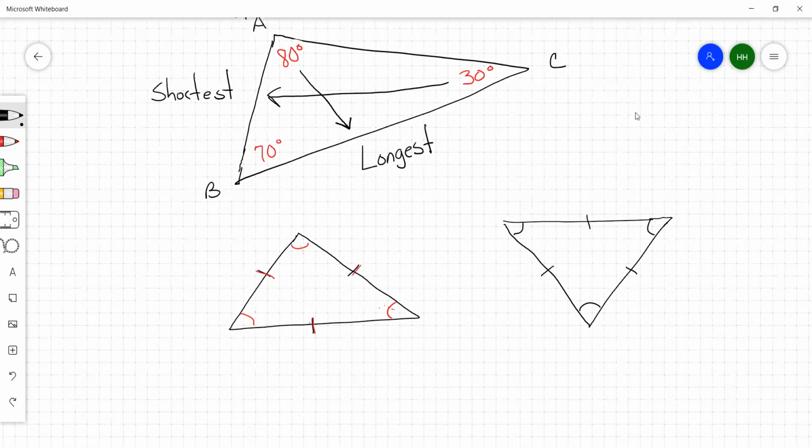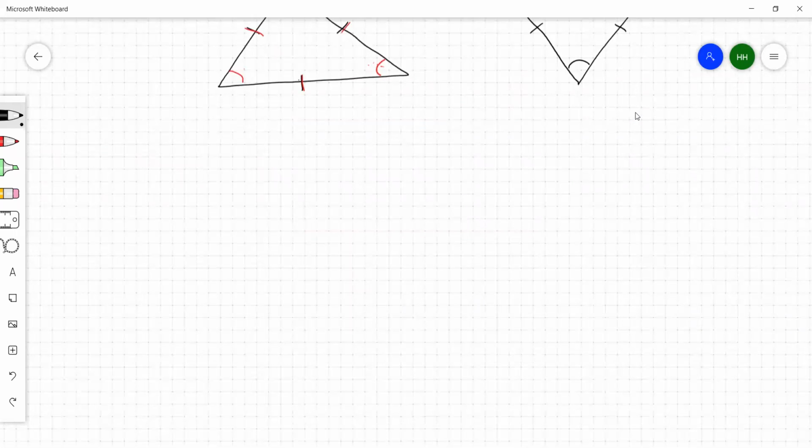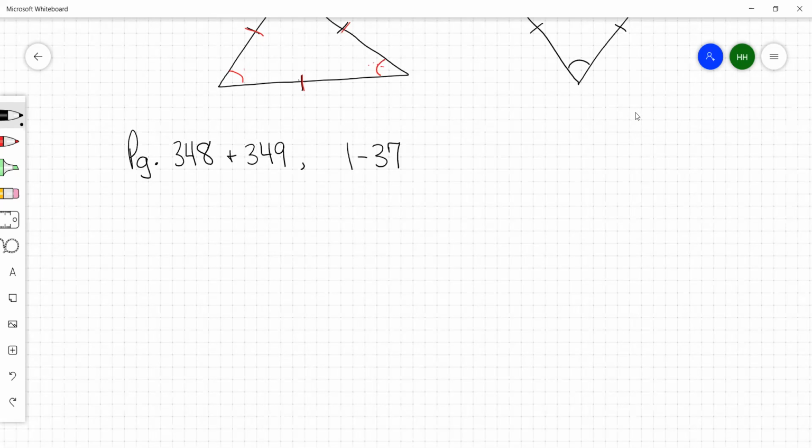All right, so your practice for today. Page 348 and 349, problems 1 through 37.